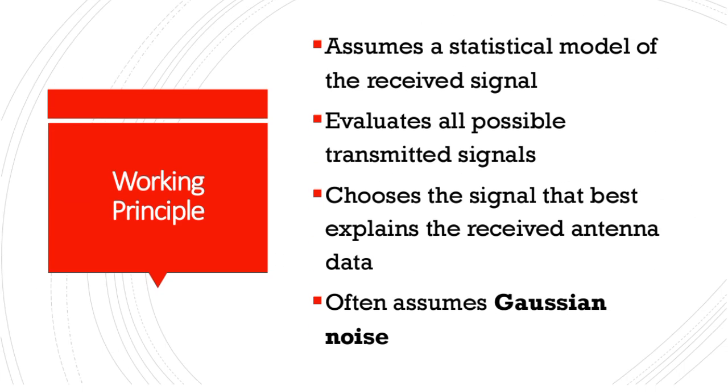Now see here the working principle. First, we assume a statistical model for the receiving signal, and then we evaluate all possible transmitted signals. The third thing, we choose the signal that best explains the received antenna data. And the next thing is to assume Gaussian noise.